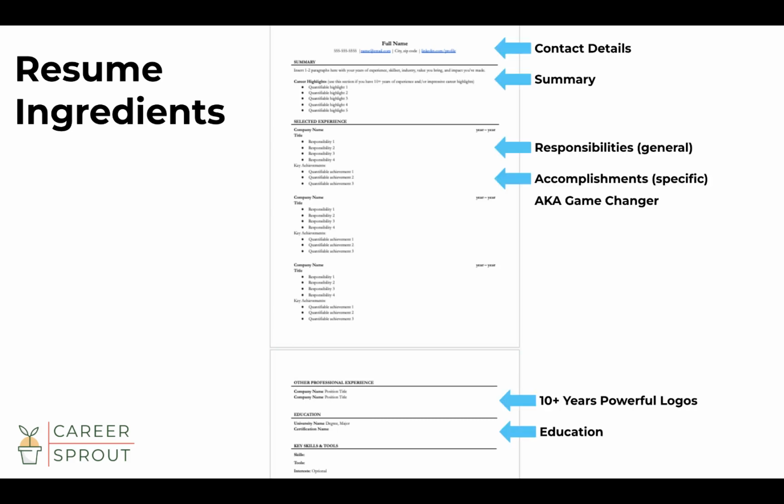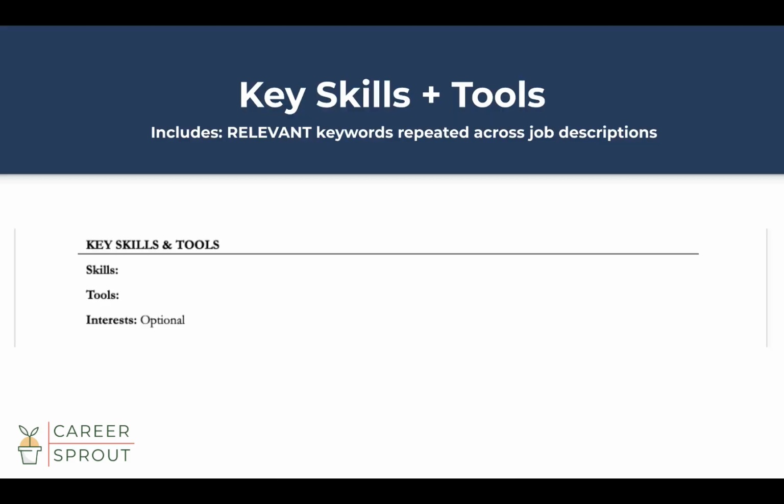This last part of key skills and tools and sometimes interests is going to be where you can do a lot of keyword stuffing so that you are showing up on job searches from recruiters and hiring managers. We'll get into what they actually see when they're searching, probably in the next module if you're watching this.